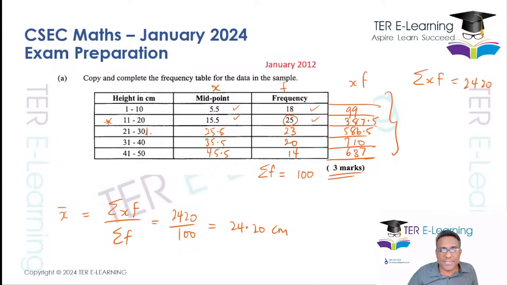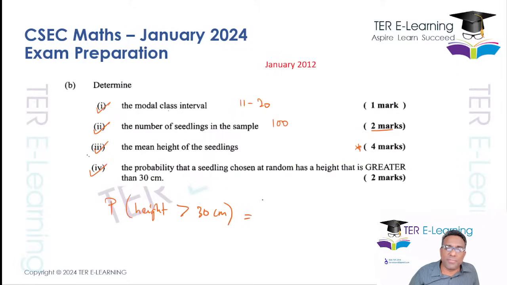So greater than 30 will be these two figures here, 20 plus 14. That will give us the total number of seedlings that have a height greater than 30 cm. So that is going to be 34 seedlings, and you're going to divide that by the total number of seedlings, which is 100.